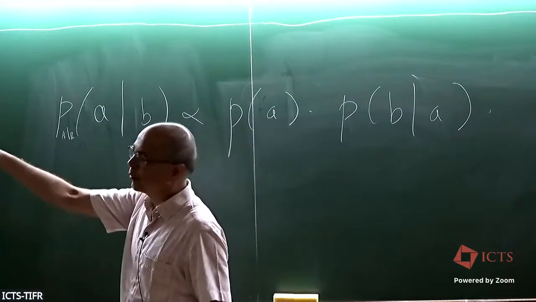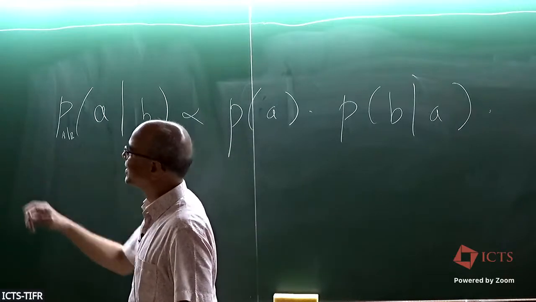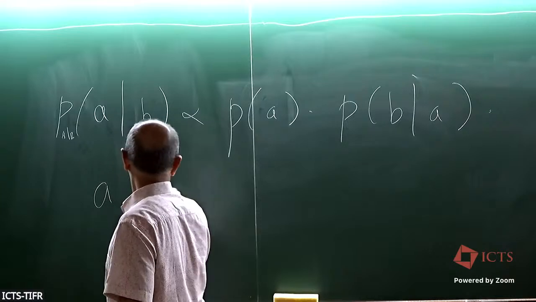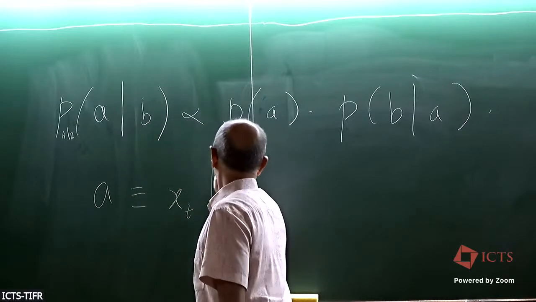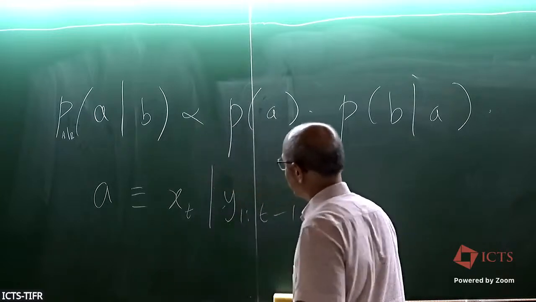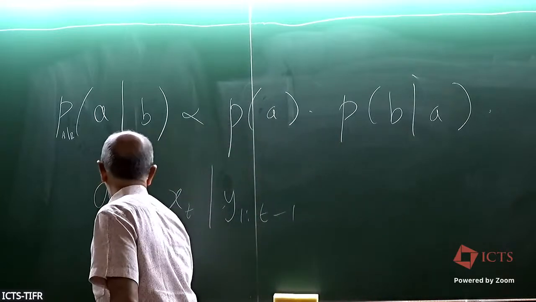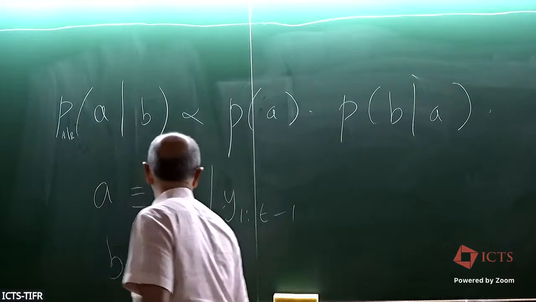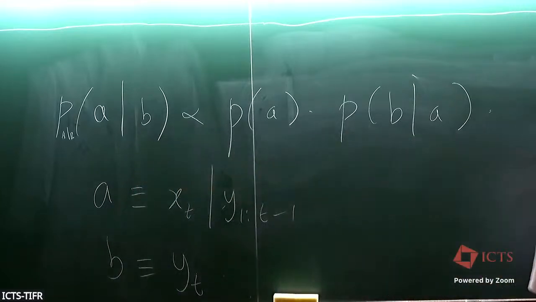If you want to do pattern matching, A is x_t given y_1 through t minus 1, and B is just y_t. Then put that in, and that's what you get.